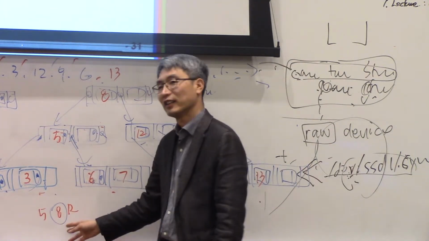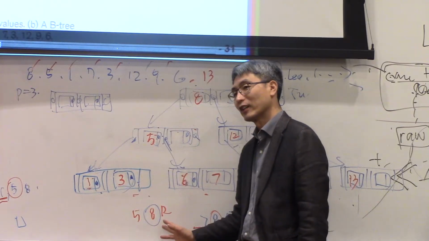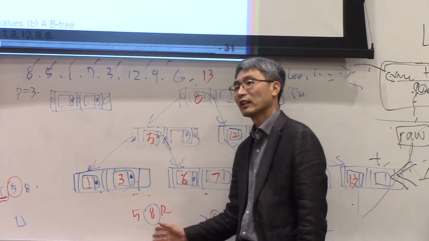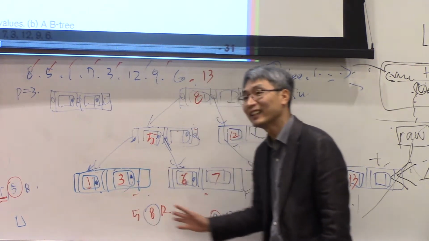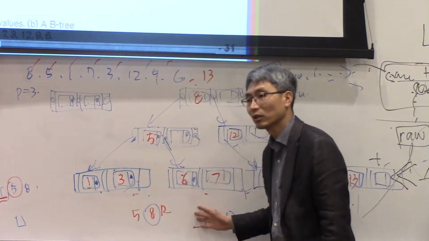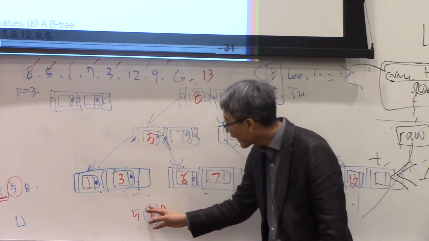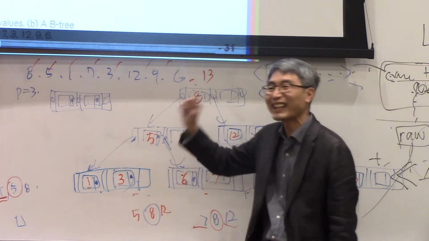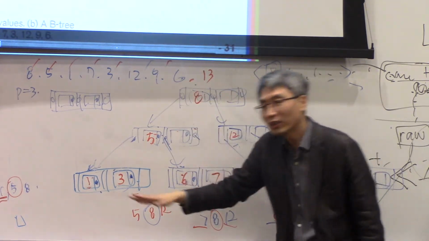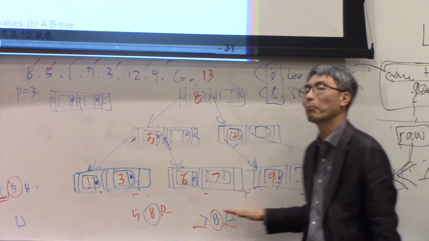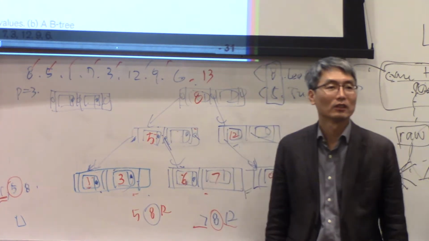Idea is, instead of promoting the middle value, it stays in the current node. Then only a copy of the index data will be promoted, not the pointer. The pointer still exists in the bottom leaf node.